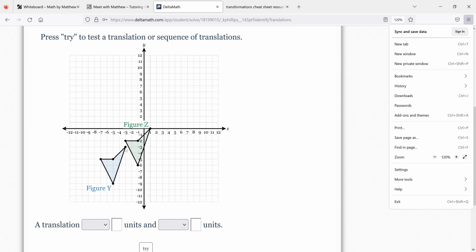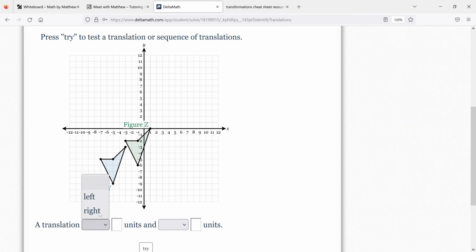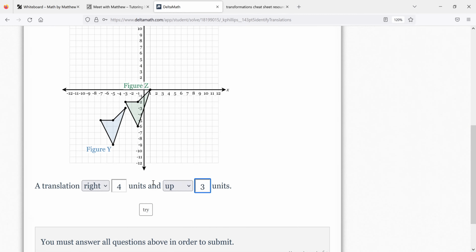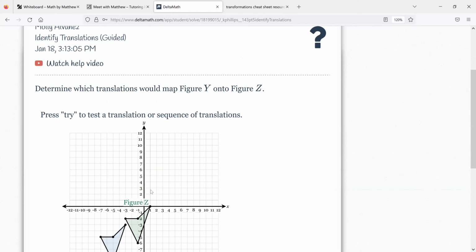So if you don't believe it, you just pick another point like this one on the top right. Like, all right, up 3, 1, 2, 3, good. Right, 1, 2, 3, 4, good. So we know that it works. So we go, well, this one wants you to go right and then, so it's right 4 and then up 3 units. Press try.